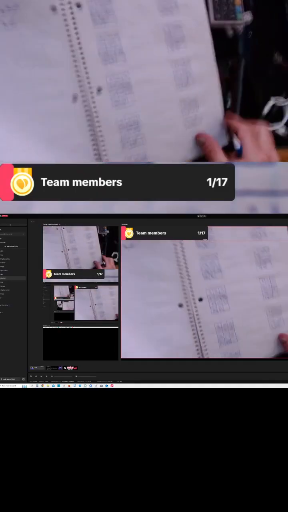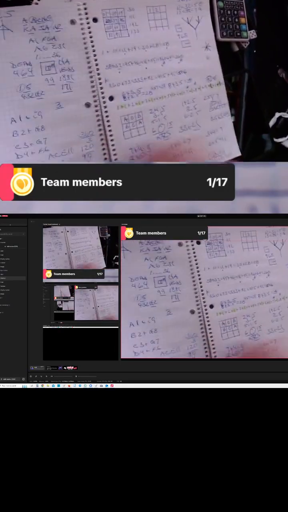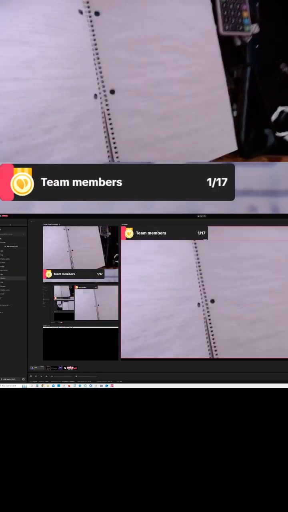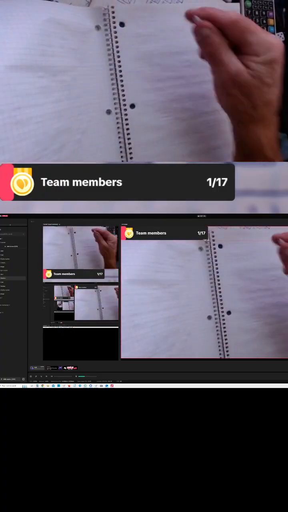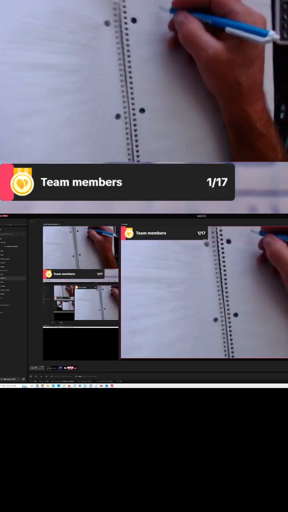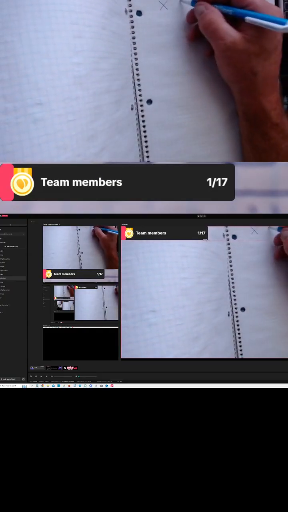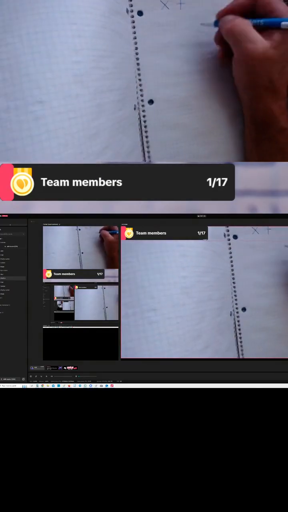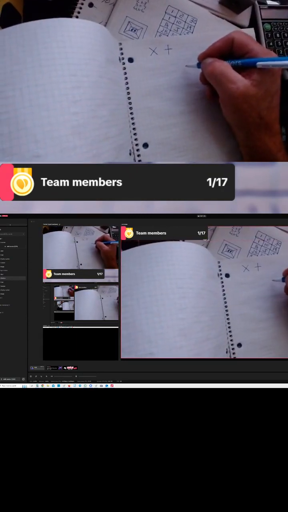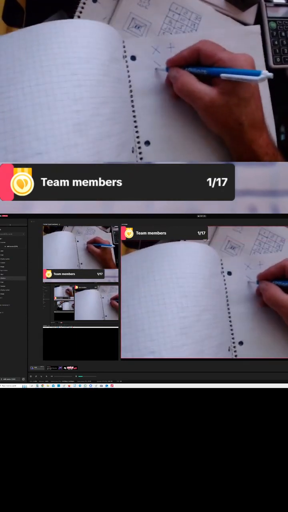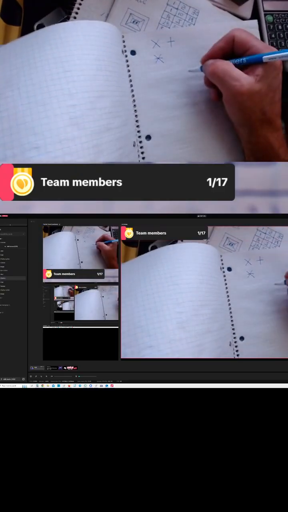Okay, let me just... Okay, now what was... Oh, yes, okay. So here's the basic star system. Here's the multiplication, and here's the addition. Here's the multiplication and part of the addition.